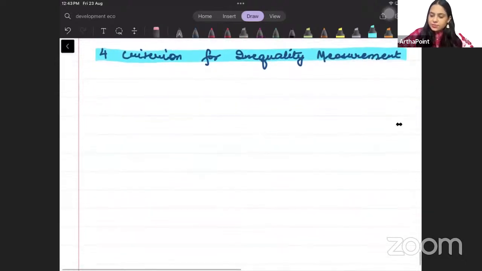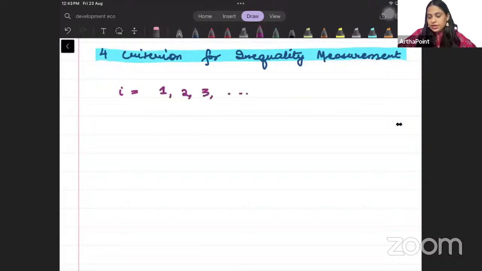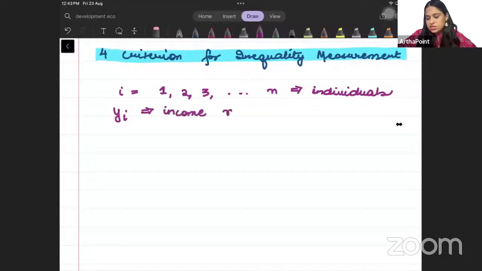Now, suppose there are n individuals. i is 1, 2, 3 till n; these represent the individuals. And let's say that yi is the income received by the ith individual.